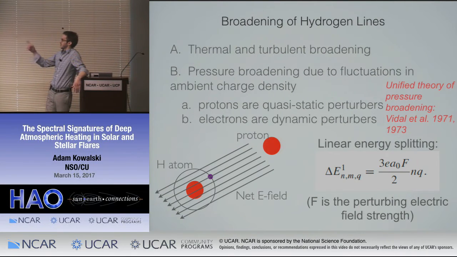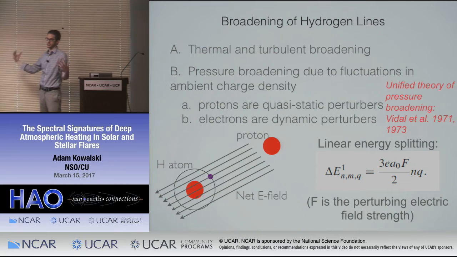So the electric pressure broadening is also called the Stark effect. And I have an illustration here of how that arises. So you have a hydrogen atom with an electron, and then the surrounding charge distribution creates a net electric field, which fluctuates in magnitude and direction constantly.